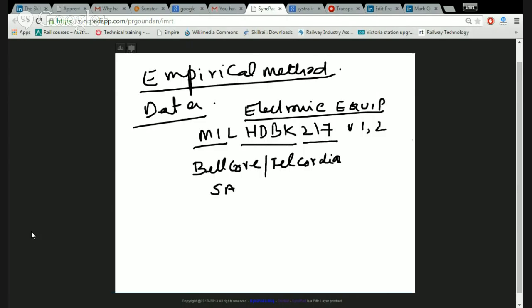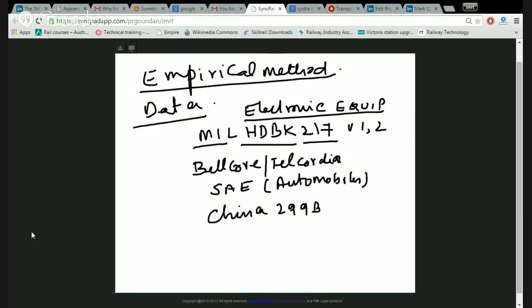Then the SAE for automobile, the automobile electronics part. Then there is, Chinese will have everything of their own version. It's called China 299B. So many handbooks are available.